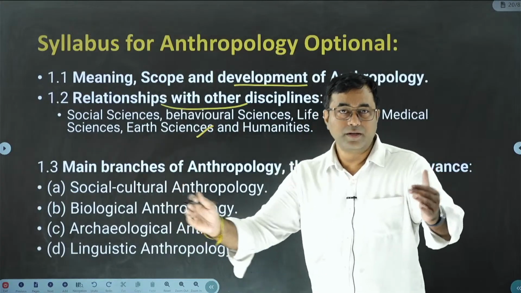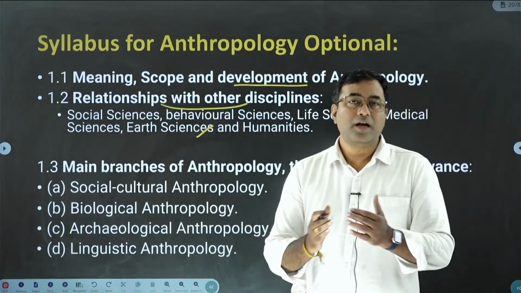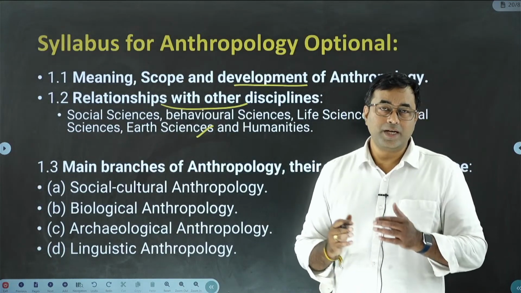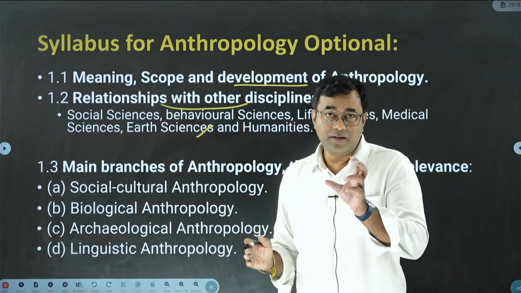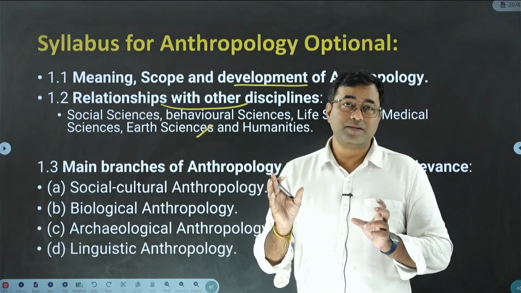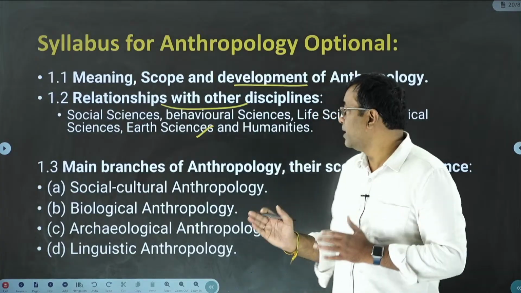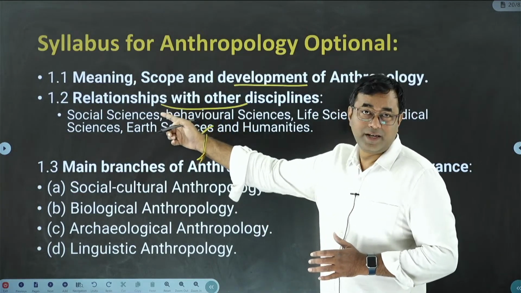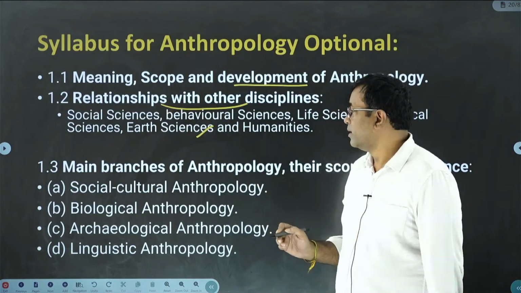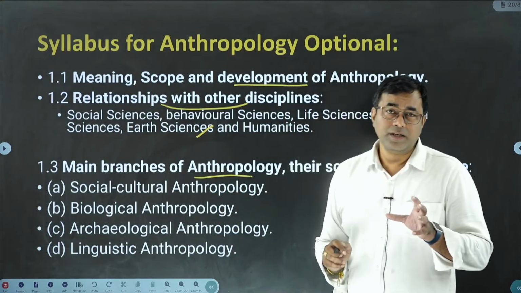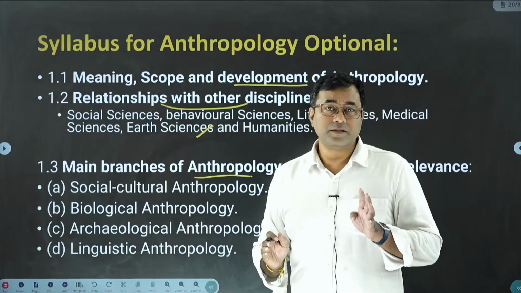All those were summarized and created into one discipline called anthropology. That is the reason they compare anthropology with other disciplines. How anthropology is important in current daily life can be learned with the help of this relationship with other disciplines.